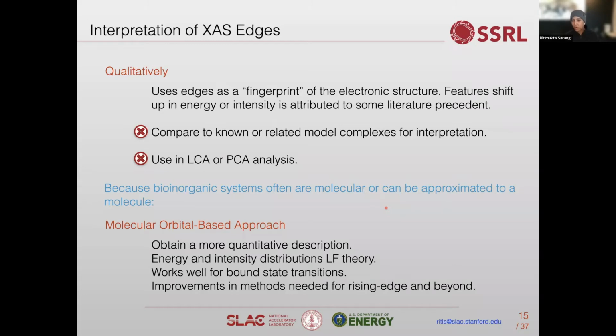Typically, you won't find any known complexes for these very unique biological centers, and using LCA or PCA analysis is also quite difficult. Because bioinorganic systems often are molecular, we can approximate them as a molecule, in which case we can use a molecular orbital-based approach and get detailed information about the electronic structure and bonding, some of which I mentioned here.